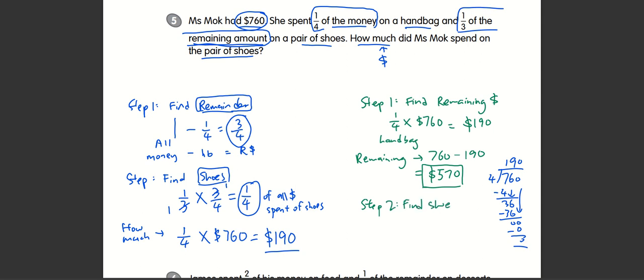The price of the shoe that she spent on is 1/3 of $570, which is, you realize that you actually get the same answer, $190. But you can see the last two steps were using whole numbers.